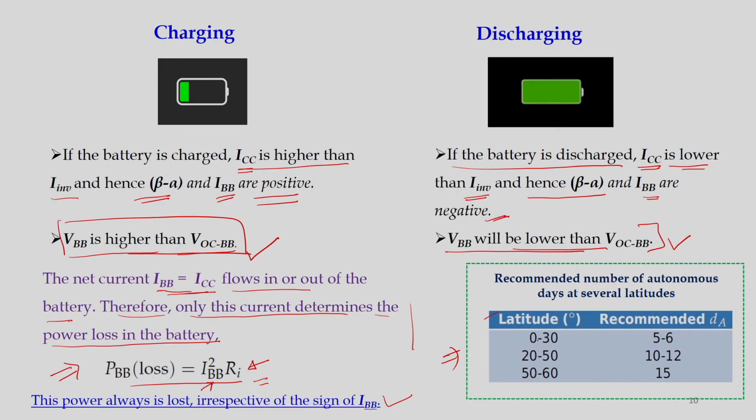If latitude varies from 0 to 30, then we need to consider autonomy of about 5 to 6 days, and if latitude varies from 30 to 50, then autonomy will change from 10 to 12 days, and for latitude of 50 to 60, it is recommended that autonomy should be 15 days. Again, it depends on the kind of locations where these systems are installed. That will dictate the requirement of this autonomy.